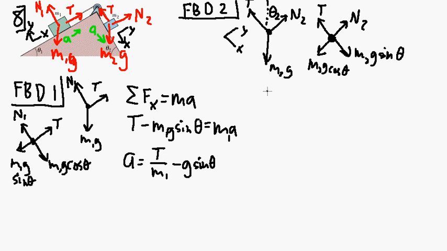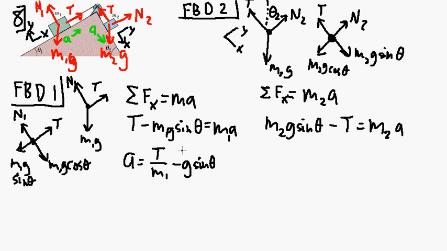Sum of forces in the X direction, with X positive here and A positive going the same way, equals M2A. So the sum of forces is M2G sine theta minus T equals M2A. And I've been bad: all these thetas over here were theta 1, theta 1 for number 1, and for number 2 we were doing theta 2.